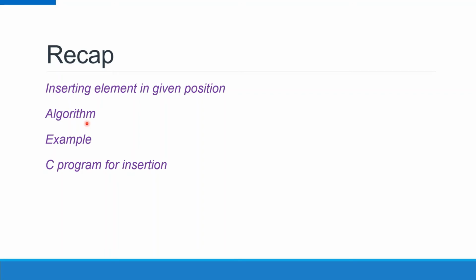And the next thing is right shifting. When you want to insert a new element, you have to right shift the elements. And then we have seen an example and a C program for inserting elements in a given position.